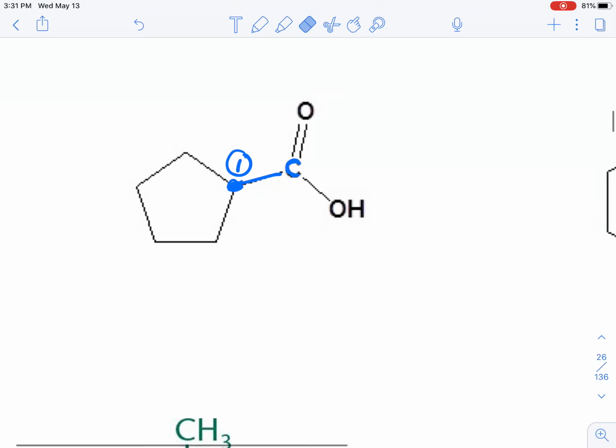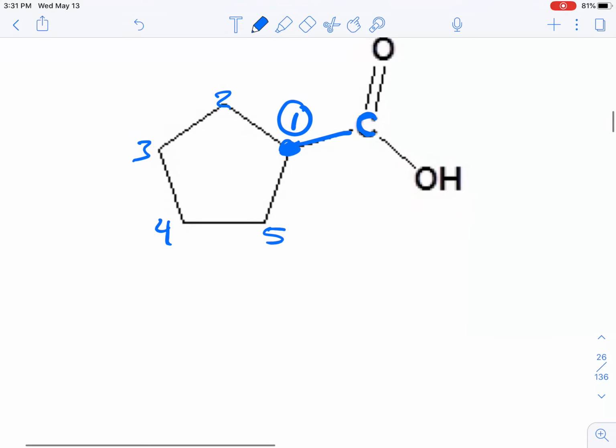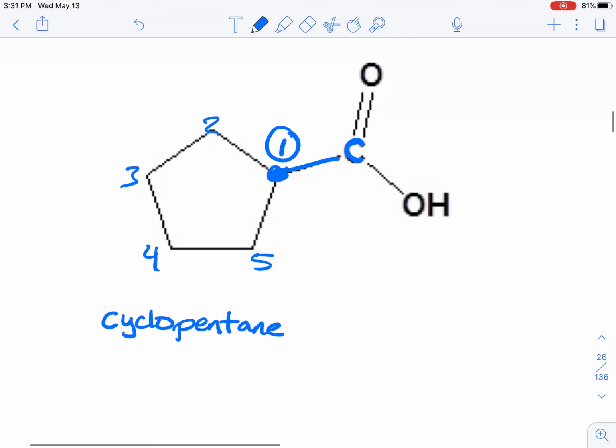All right. And so kind of going around this ring, we have 1, 2, 3, 4, 5. So this is a 5-carbon ring. To name this 5-carbon ring, we're going to simply say cyclopentane. And so when you're naming these cyclic rings, the ending kind of changes. So we're not going to cross out the E and add the OIC. We're simply going to describe the functional group.